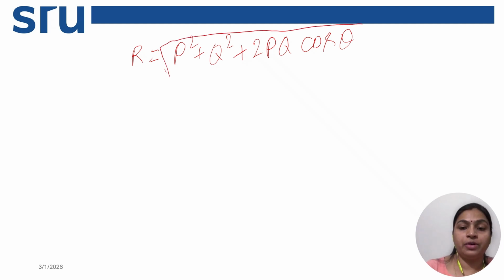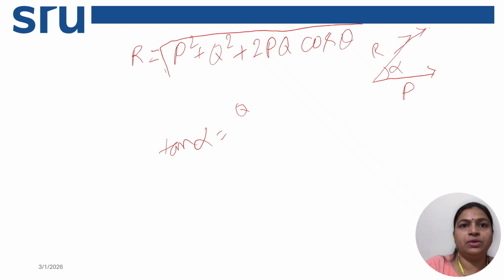For the direction, if this is the resultant and this is one vector P, and this is the angle alpha or phi, then tan alpha is equal to Q sin theta divided by P plus Q cos theta.